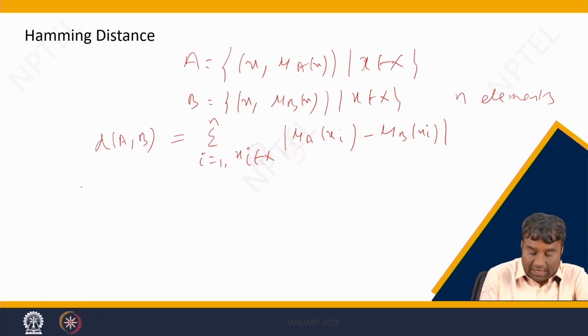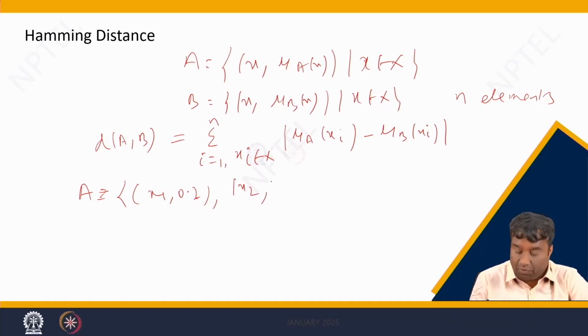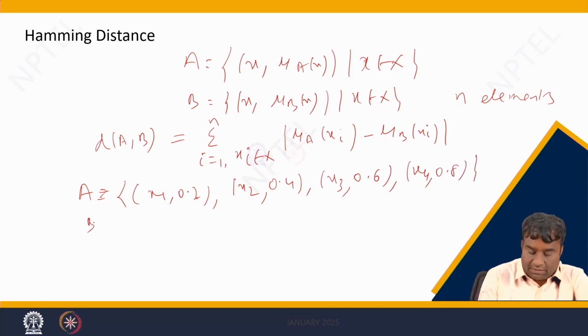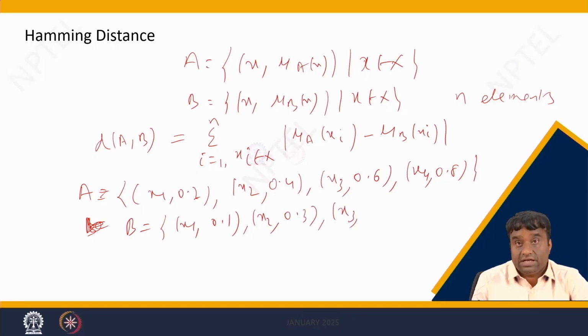Now one example. We take A equal to x1 0.2, x2 0.4, x3 0.6, x4 0.8, and B equal to x1 0.1, x2 0.3, x3 0.5, x4 0.7.